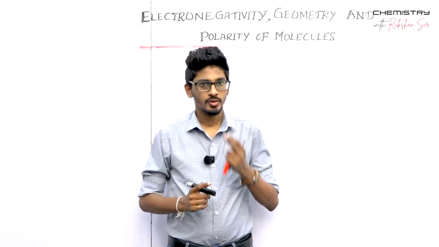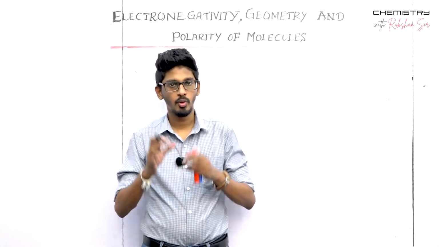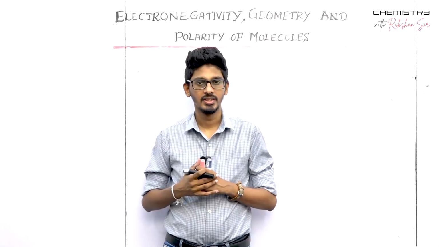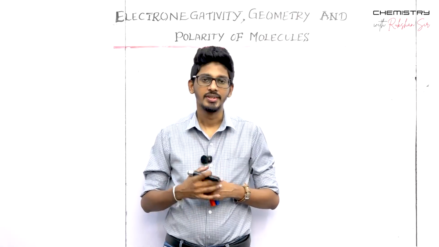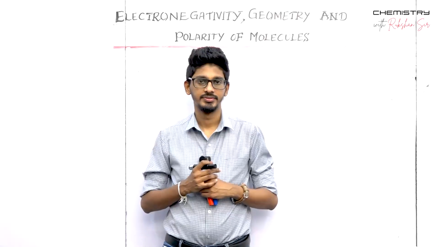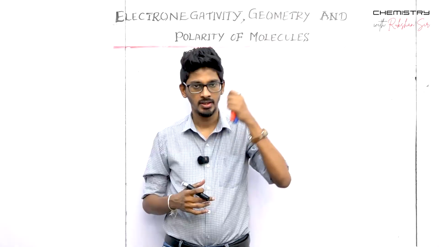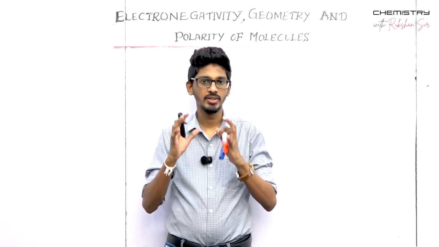Right. So far we have discussed the polarity of bonds, the polarity of covalent bonds. Now we are moving towards the polarity of molecules. That is the major topic today.